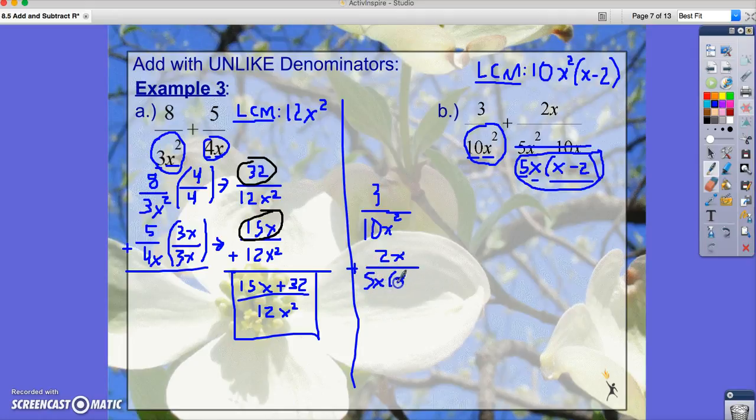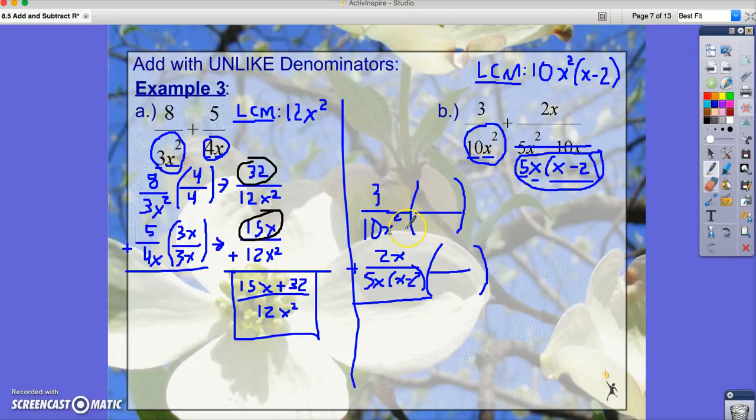All right. So I rewrote them vertically. And draw my line. Now we want the bottom to look like the LCM. You're going to see what we need to multiply. We multiply by what's missing, right?